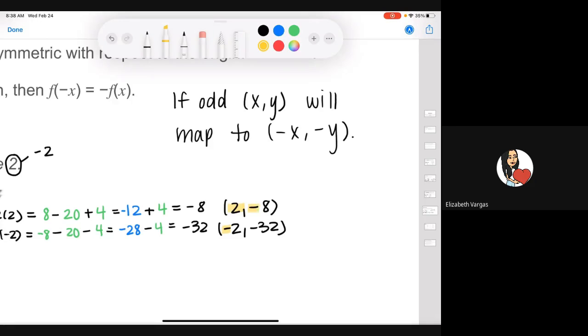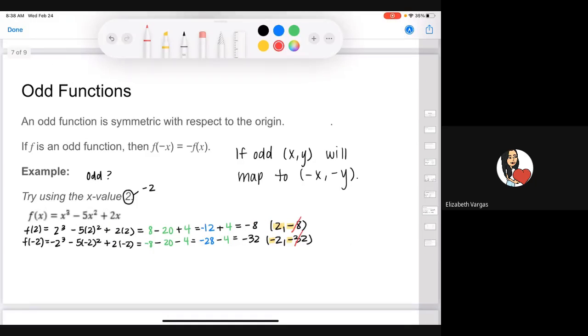But here I have a negative y that changes to another negative y. Well, because my y's aren't opposites of each other, it's not 8 and negative 8 or 32 and negative 32. Because they're two totally different numbers, what I can take from that is this is not an odd function. So if I'm asked is it odd, my answer would be no.